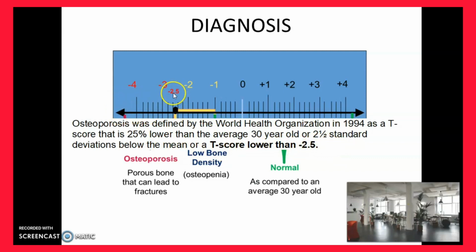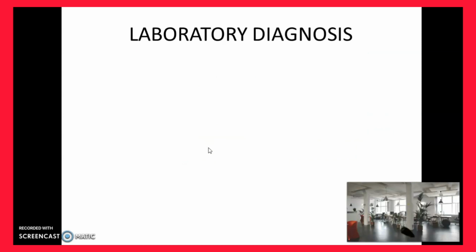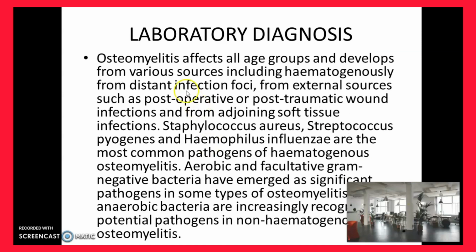This is the -2.5. Laboratory diagnosis: you talk of osteomyelitis, which affects all age groups and develops from various sources, including hematogenously from distant infection foci. When you're talking of hematogenous, you are talking of blood infection from external sources, such as postoperative or post-traumatic wounds. That could also pass later to the blood infection, and from adjoining soft tissue infections.